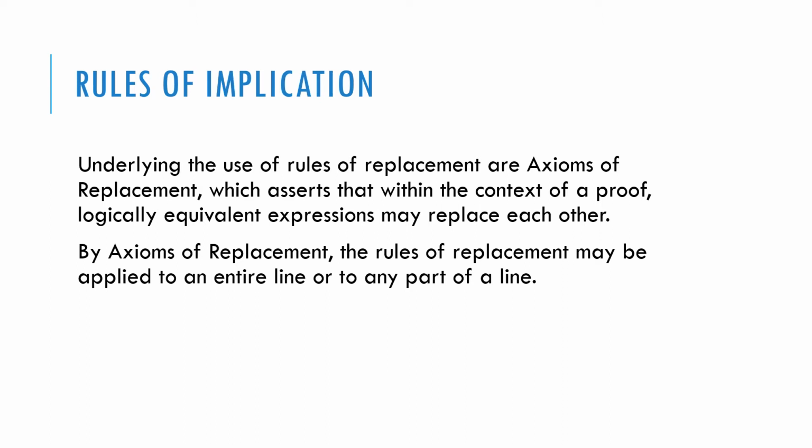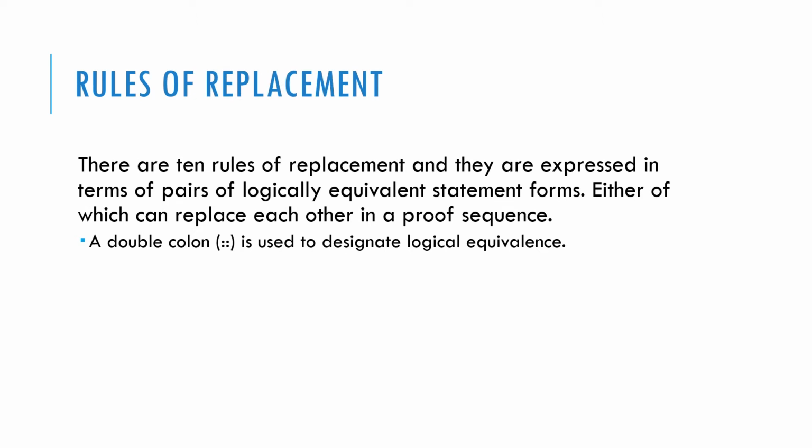I may see an argument written one way, but then I can write it or say it another way without losing meaning. When I do this within the realm of symbolic logic, I use a double colon to signify that what's on the left is equivalent to what is on the right.